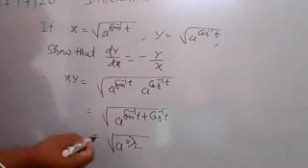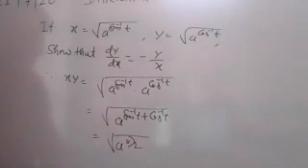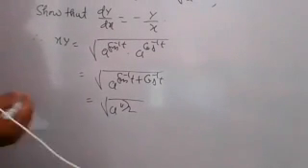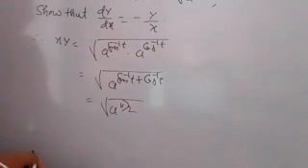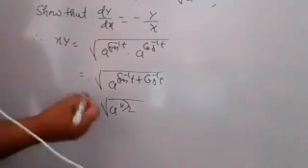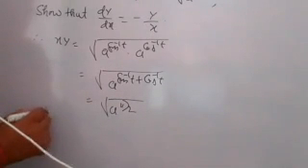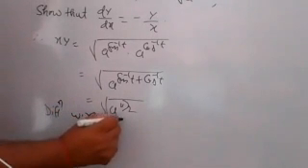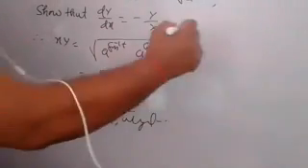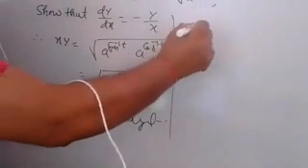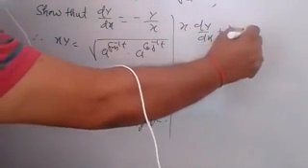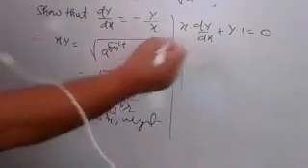Here you have xy, and now differentiating with respect to x. Here you solve this equation not by the method of parametric equations. You change it to Cartesian form and then differentiate, so it is quite easy. Differentiating with respect to x, we apply the product rule: first function into dy by dx plus second function into 1, and on the right side we have 0.